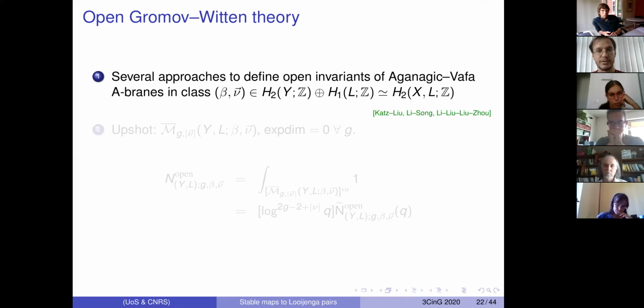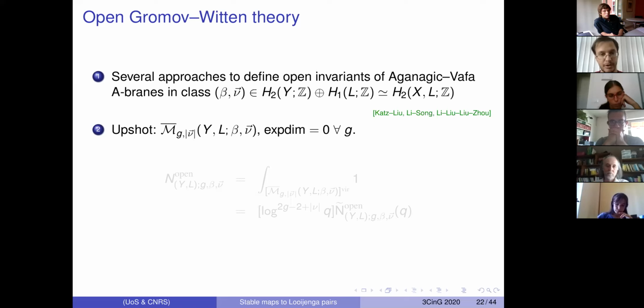But there are various ways to define invariants, essentially by relating them to relative Gromov-Witten theory in some partial compactification of Y. And this was advocated by Jun Li in collaborations with Song Yu, Kevin Liu, Melissa Liu, and Jie Zhou. And the upshot of that is that one can define a moduli space of open stable maps to Y with boundaries in L and fixed relative homology class, which has expected dimension 0 for all genera.